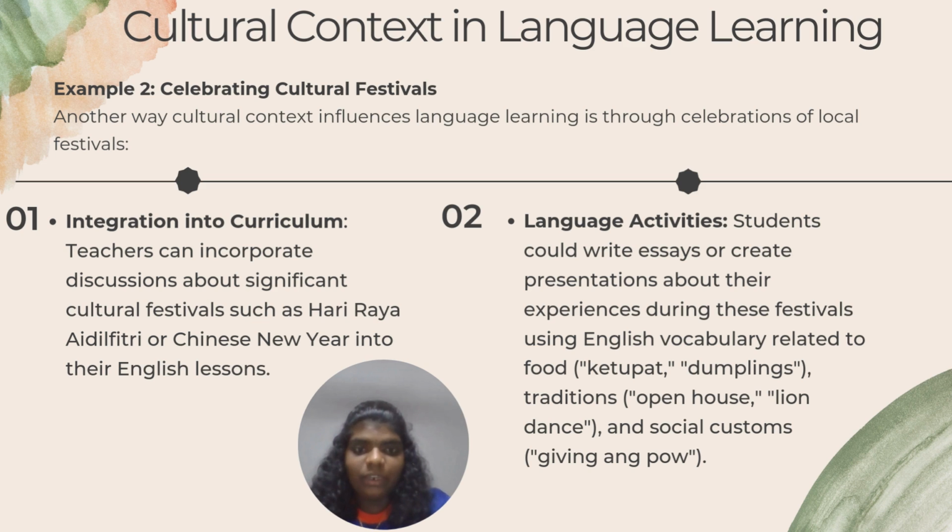And the second one is language activities. Students could write essays or create presentations about their experiences during festivals using English vocabulary related to food, like ketupat and dumplings. If it is related to traditions, we can see open house and lion dance.